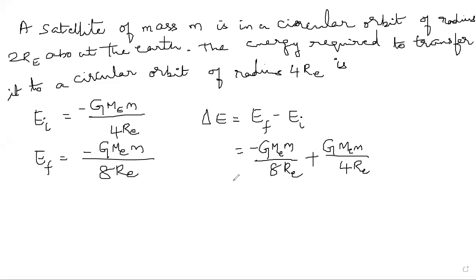If you take the common term and solve that, finally you will get the answer as GMEM divided by 8 RE. That is nothing but delta E. So this will be our final answer. I hope you are clear with this. Okay, we'll move to the next problem.